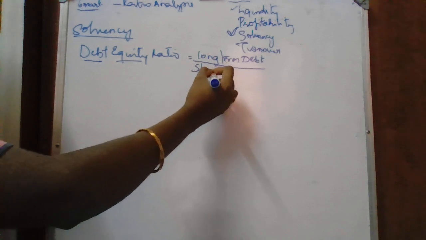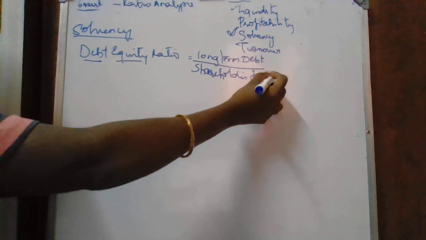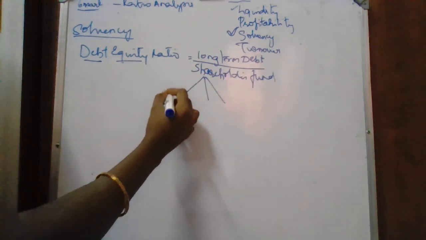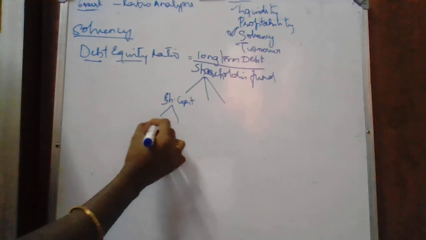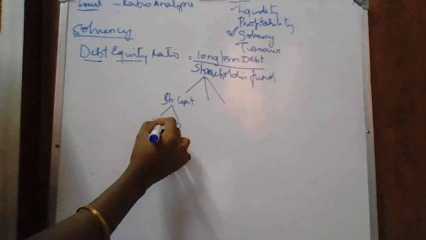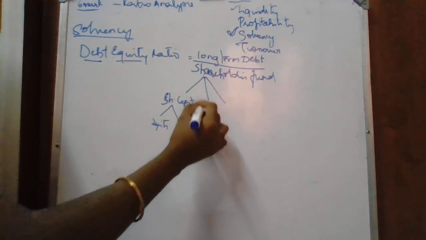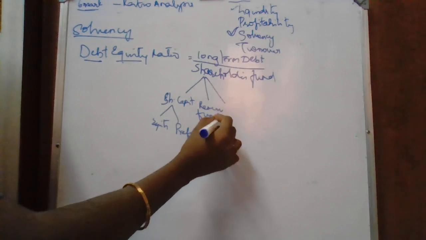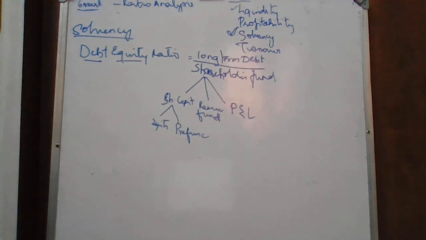Equity will be shareholders fund. What are shareholders fund? Share capital, which might be equity or preference. Then you have reserve fund. You have profit and loss account.